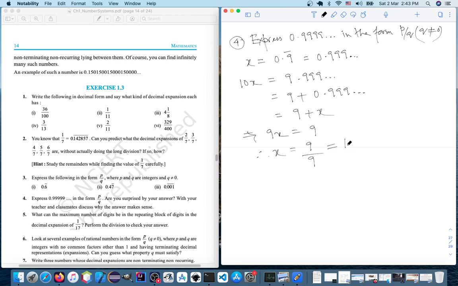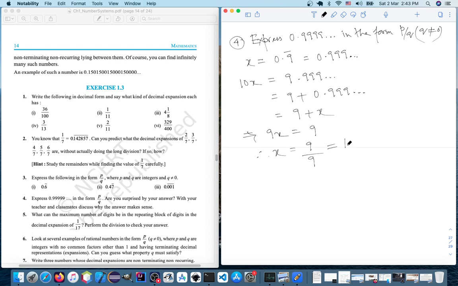This is definitely a bit surprising. You can discuss with your teacher. As of now, I don't have the answer why this will make sense or not. I will look into this question later on and come up with an answer if I can.